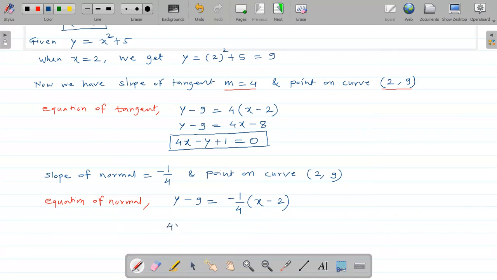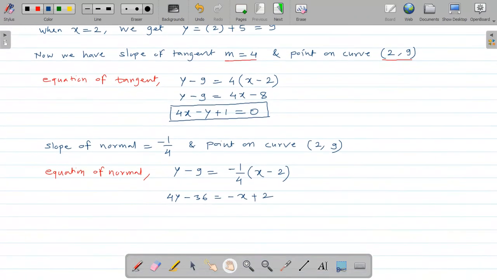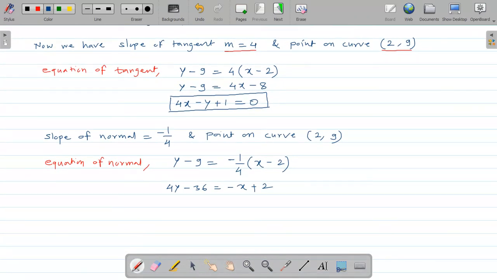We get 4y minus 36 is equal to, here you multiply by minus 1, so we get minus x plus 2. Now rearrange this equation in the form of ax plus by plus c is equal to 0. So here we get x plus 4y minus 38 is equal to 0. So this is the equation of the normal by using slope point form.